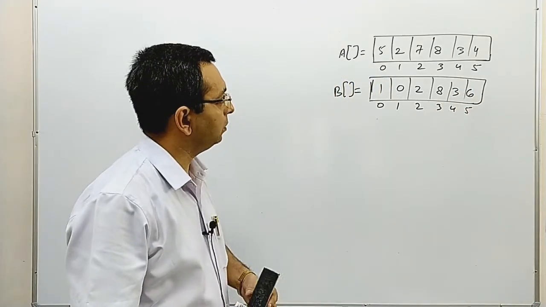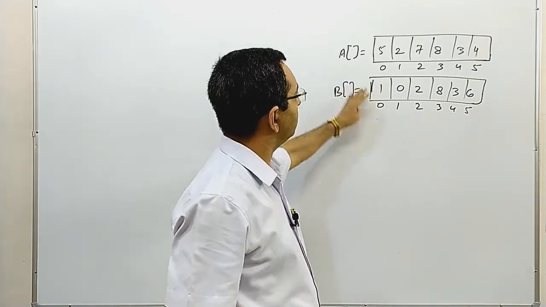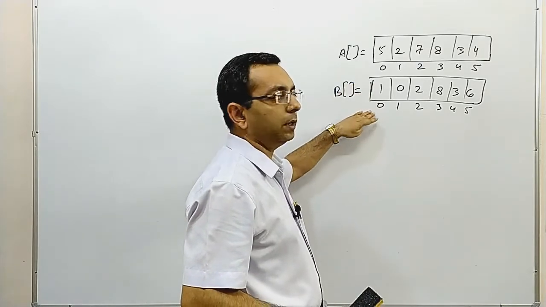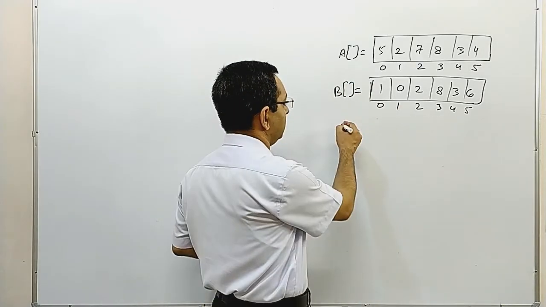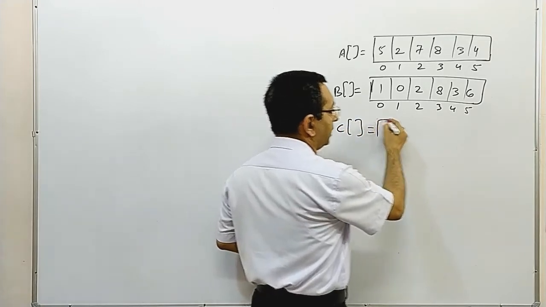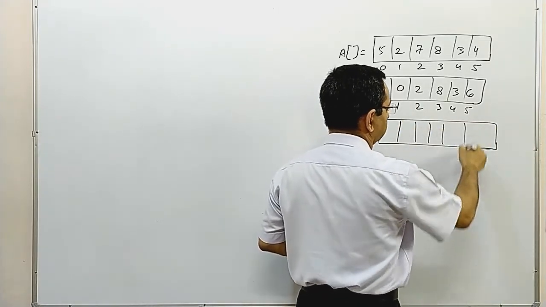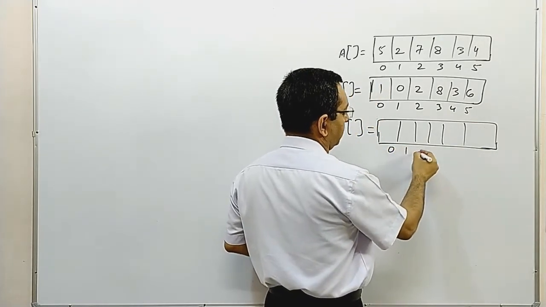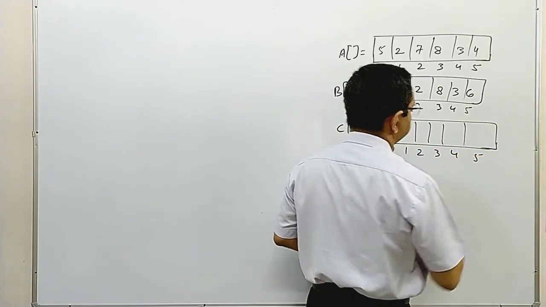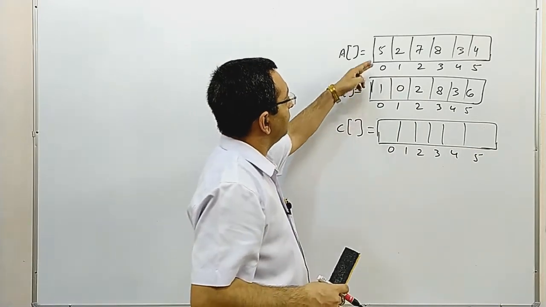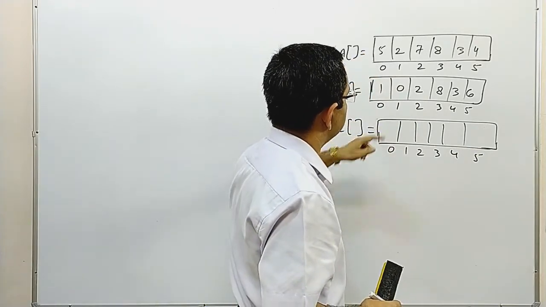Suppose this is the scenario, and we have to add these two arrays and store the result into another array, that is C. So the C array will be like this, with index numbers 0, 1, 2, 3, 4 and 5. The addition of these numbers will be stored here.